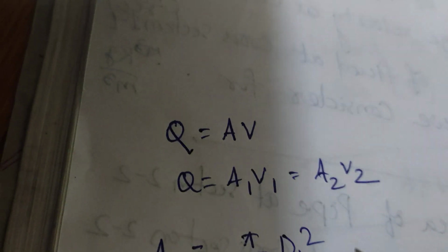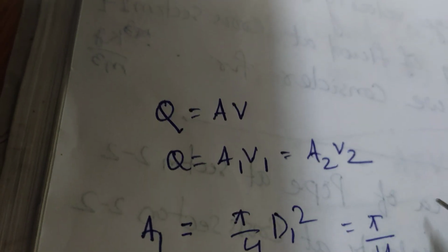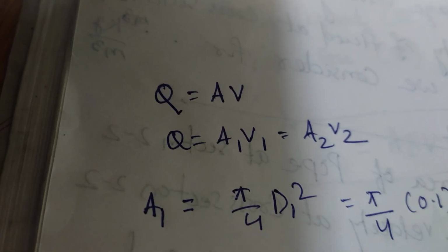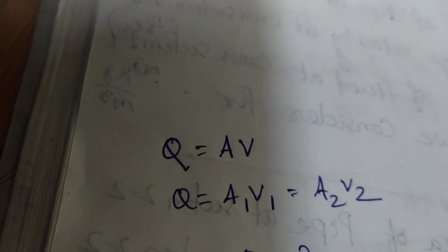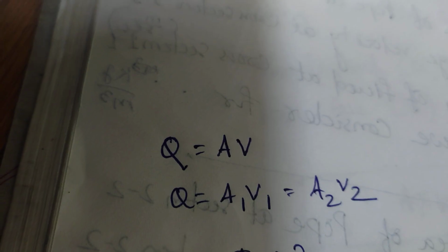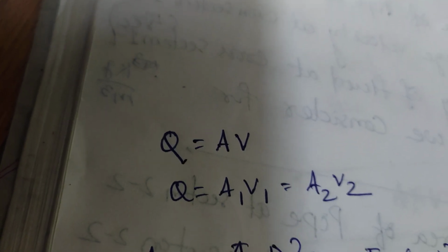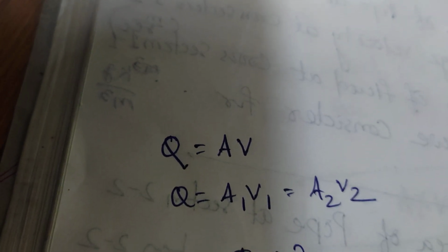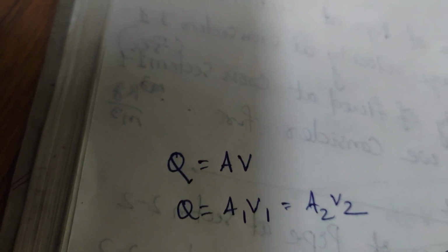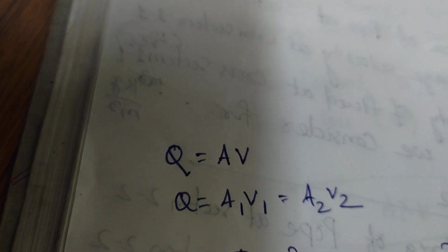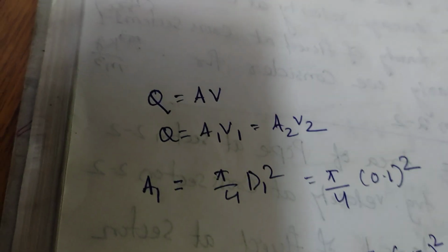A1 equal to pi by 4 d1 square, that is pi by 4 into 0.1 square. Then next you can move to A2 equal to how much? Pi by 4 d2 square, that is pi by 4 into 0.15 square. So here you calculate the value.